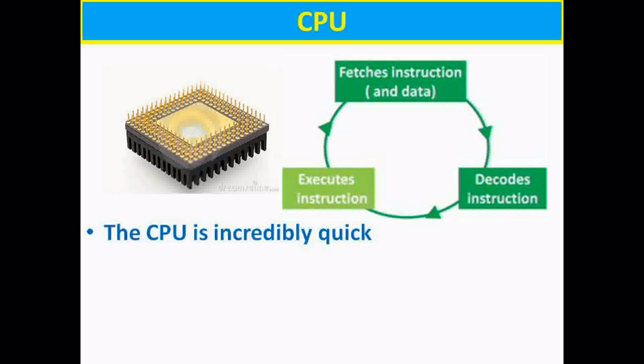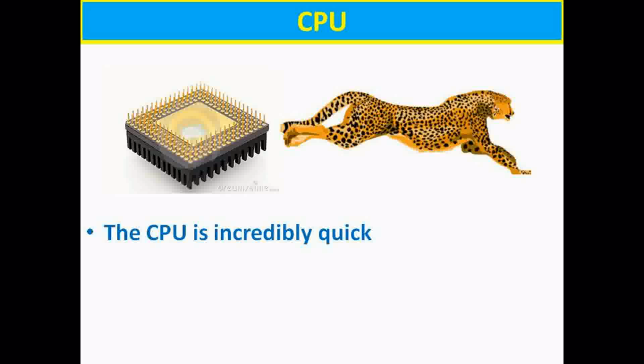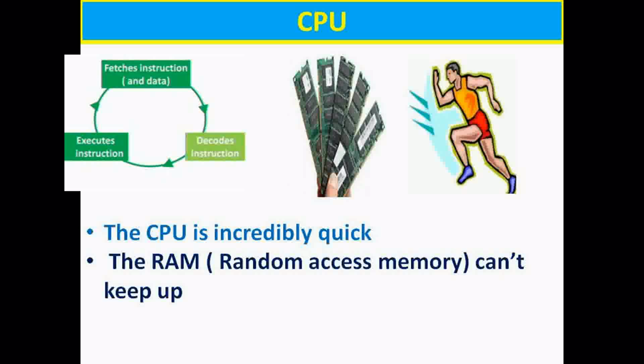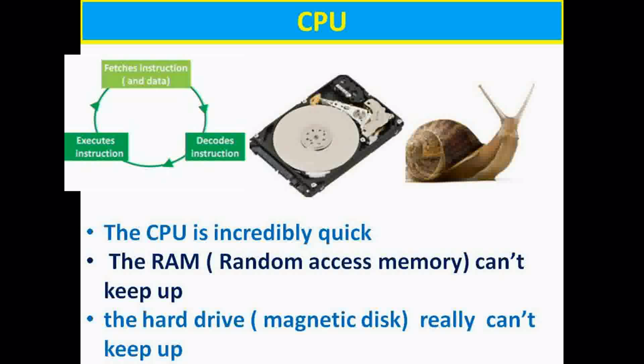So the CPU follows the fetch, decode, and execute cycle and is incredibly quick in doing so. A computer at home might have a clock speed of 2 gigahertz, which means it's fetching and executing 2 billion instructions per second. As the CPU is so incredibly quick, it can't actually fetch the instructions from the RAM quick enough, and it certainly can't access the memories from the hard drive quick enough.